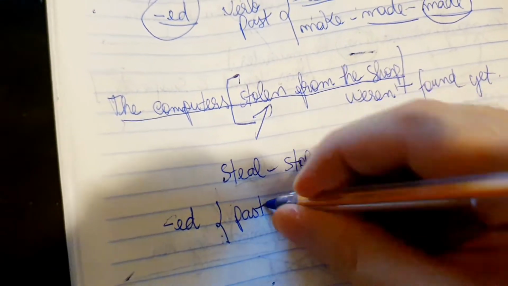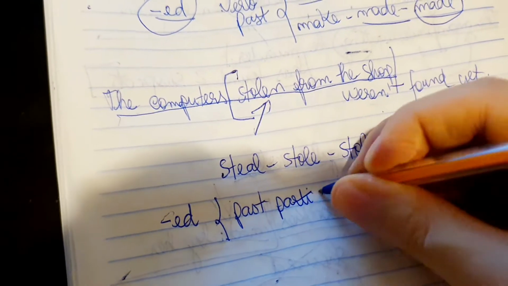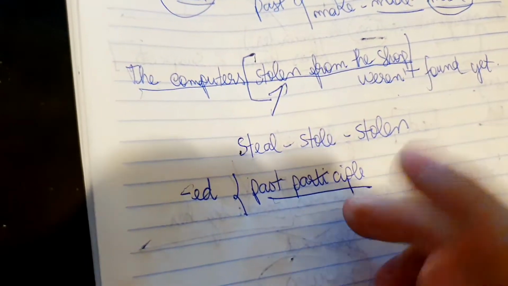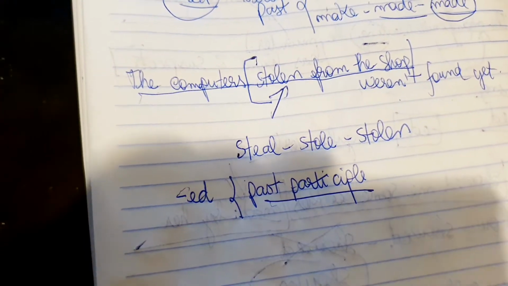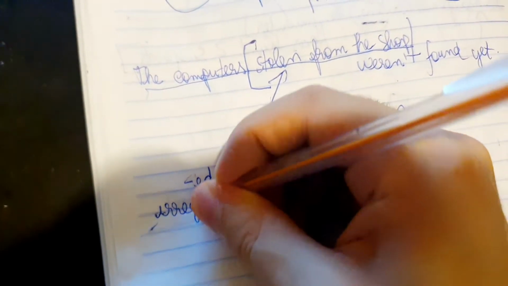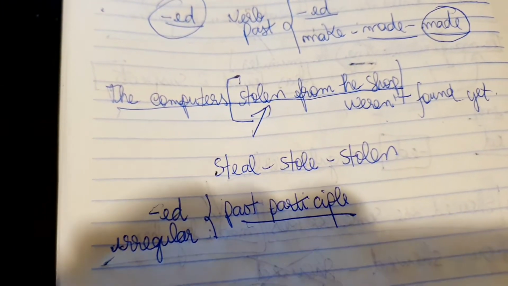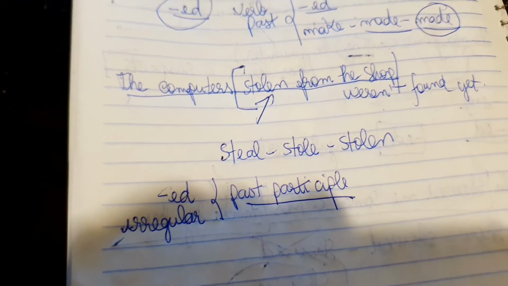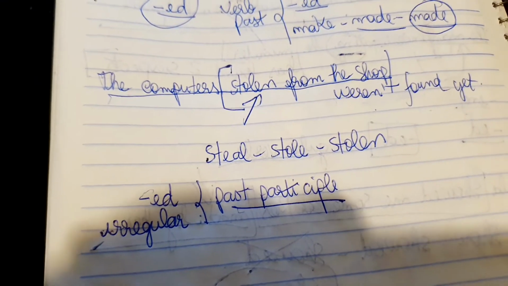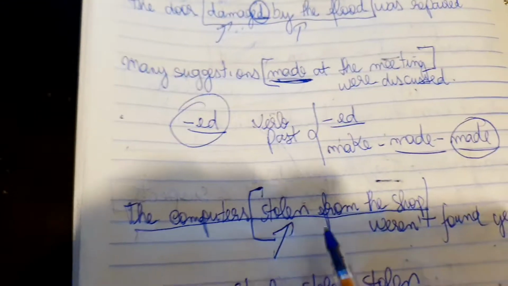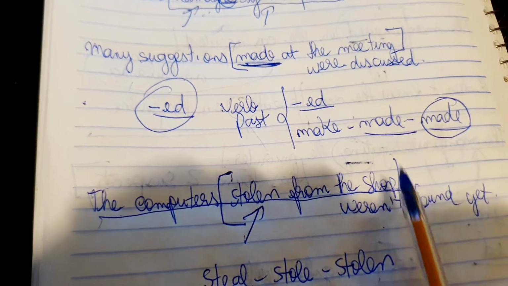It's the past participle. The matter is, many past participle verbs end with ed and many others are irregular. Irregular verbs, as we studied before in my previous videos, they don't have a pattern, so you have to memorize them, right?